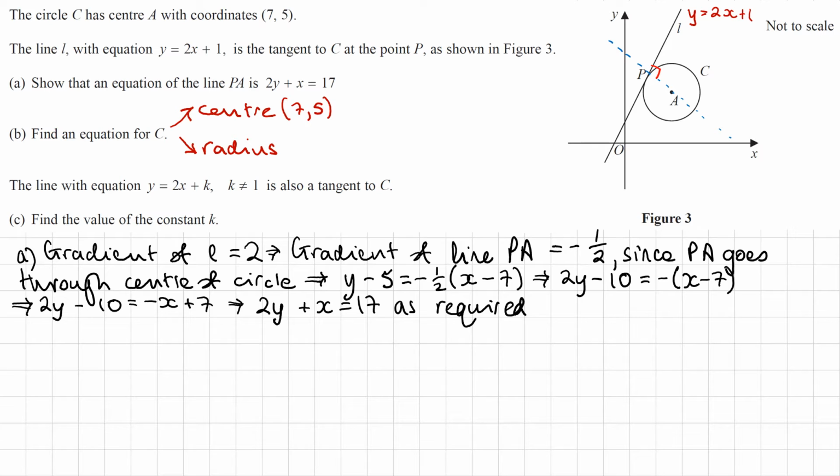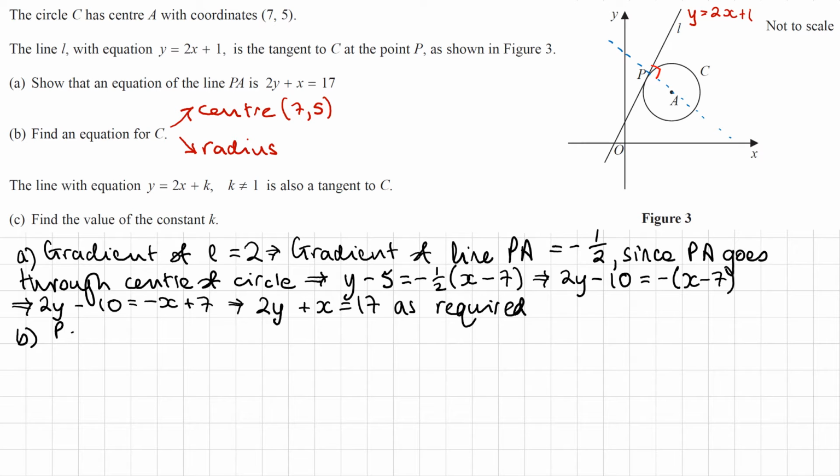Now the radius of the circle is going to be the distance between the center and this point P, where the lines L and PA intersect each other. Okay, because we know that's on the circumference, because a radius and a tangent meet at right angles, or perpendicular to each other at this point here on the circumference.